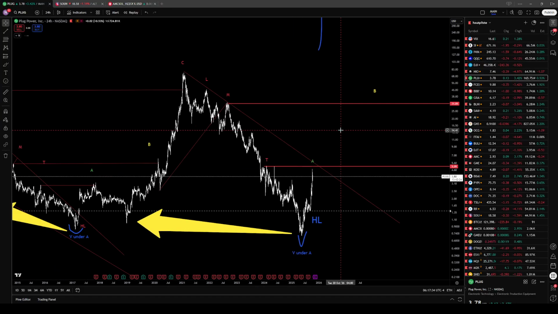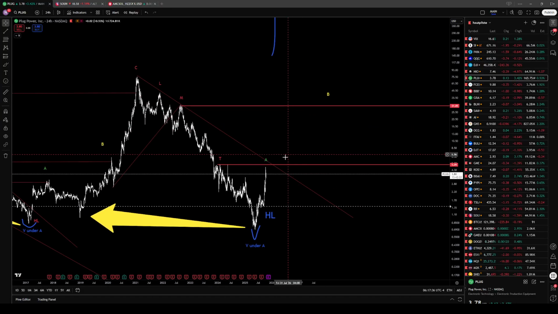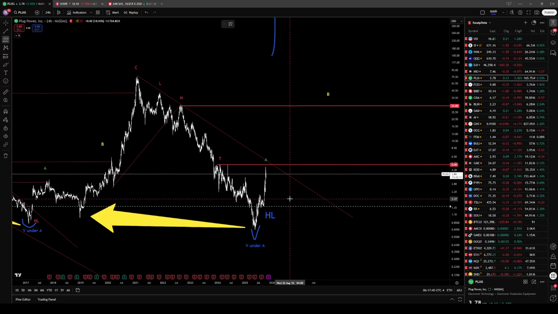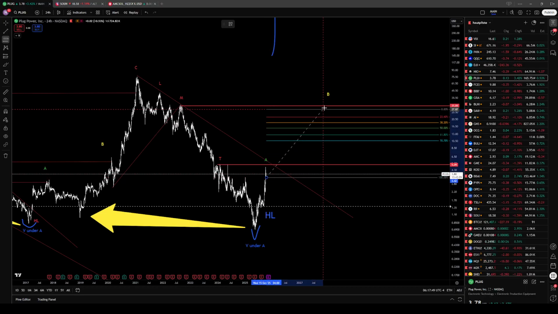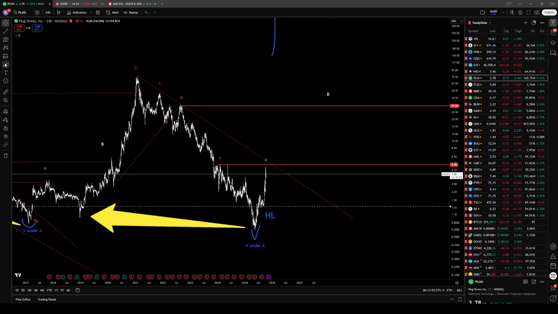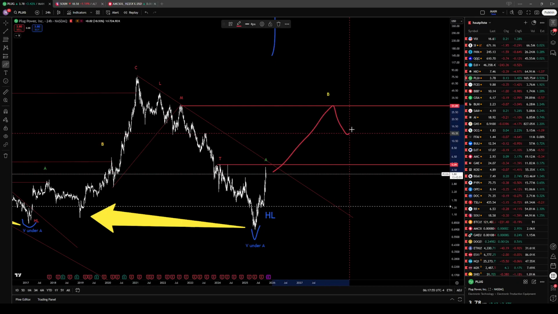For the future, your next target would be $31, and then again you take wherever the pullback then is, your FIB retracement, your 0.5, for the B pullback, and then you go to C.